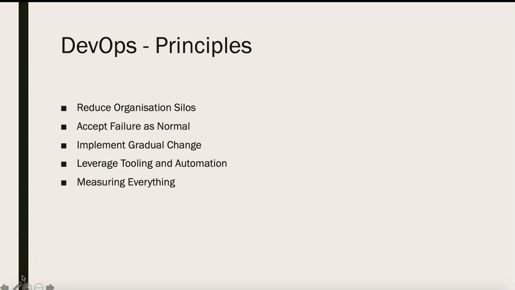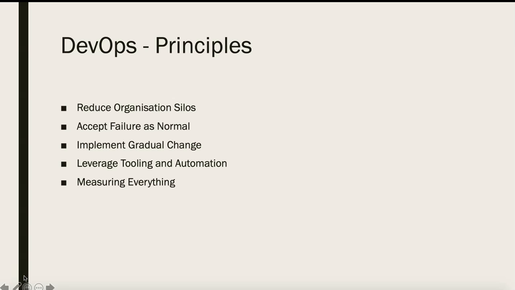So the first principle, as we saw before, is reduction in the organization silos. One of the other things I remember is that even the networking team, which is supposed to be a part of development and operations, tends to be in a silo. So they also come into this practice.